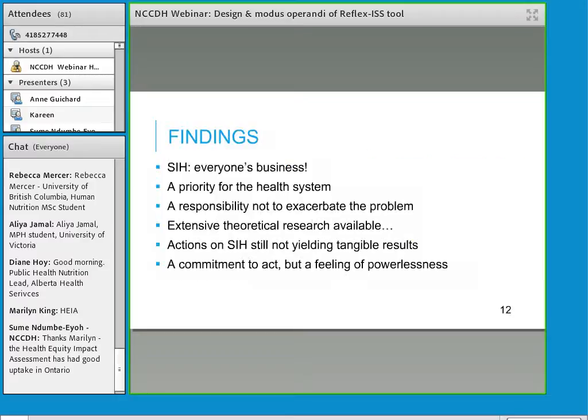We move to slide number 12. So first, I would like to explain a number of findings that motivated us to create this tool. Although these findings were published a long time ago, they are still valid and relevant. Also, it is quite clear that addressing social inequalities in health is everyone's business, a priority for every level of the care system, not only a prerogative of the health system.